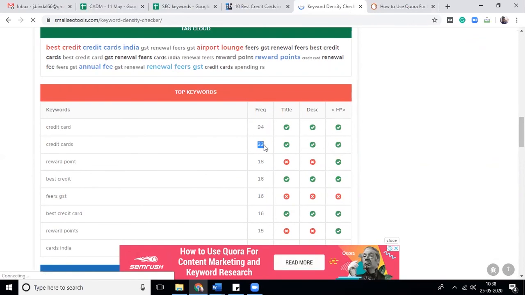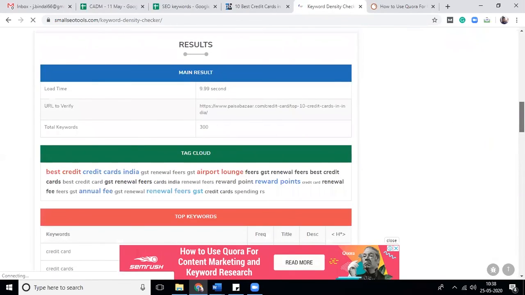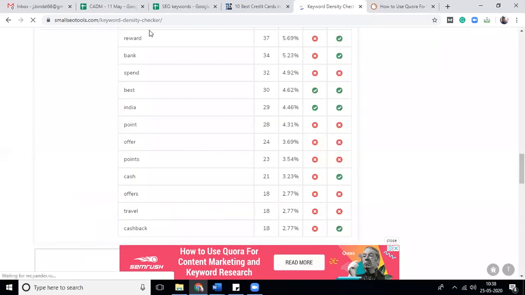So you can imagine the total number of words on this page. This is incorrect because it has more than 300 words. This tool is not working perfectly. Let me try some other tool.